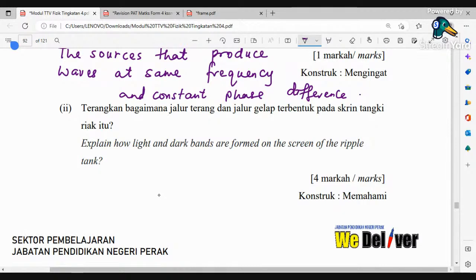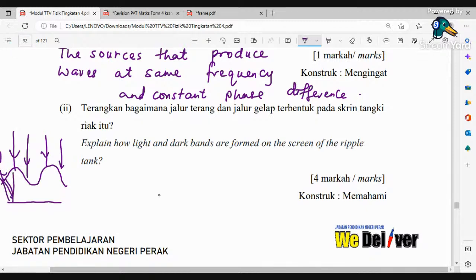So you can apply this, and you can also draw a diagram. Through the convex shape, light converges, so we get bright. Okay, trough is dark. Okay.